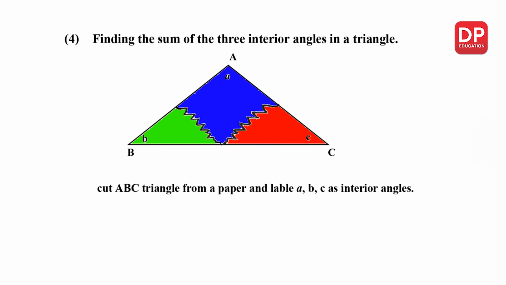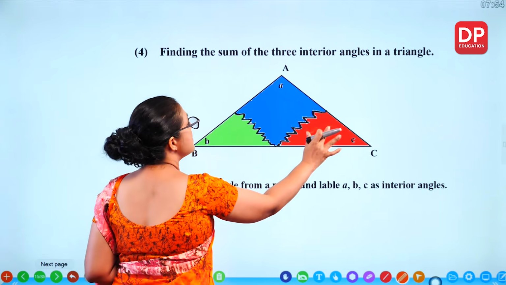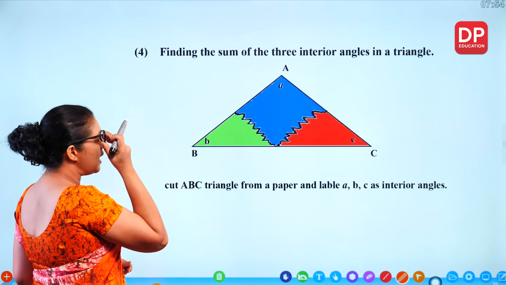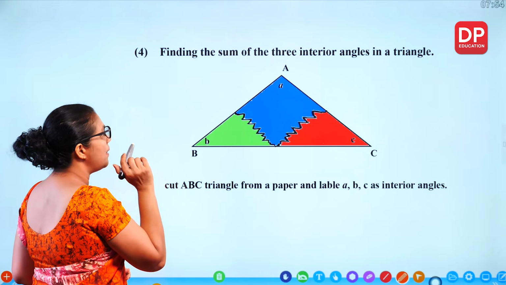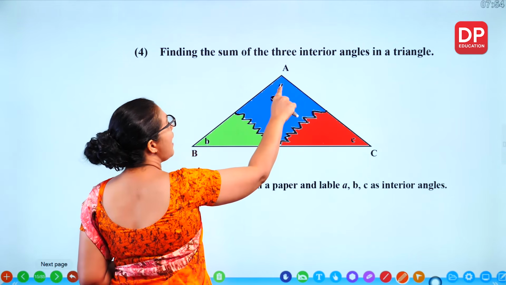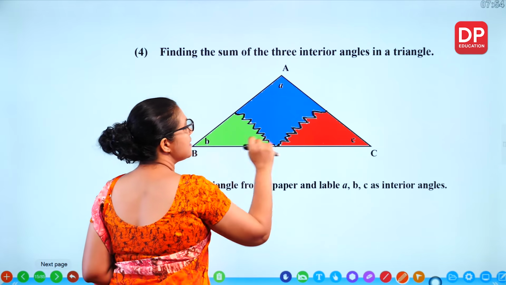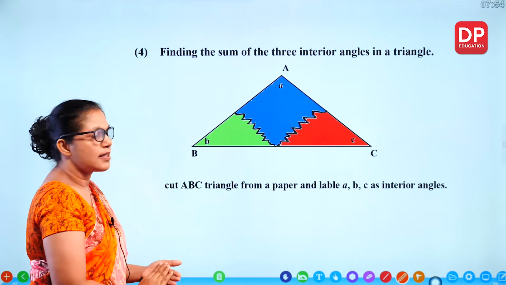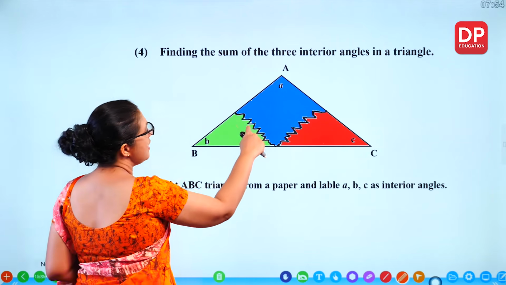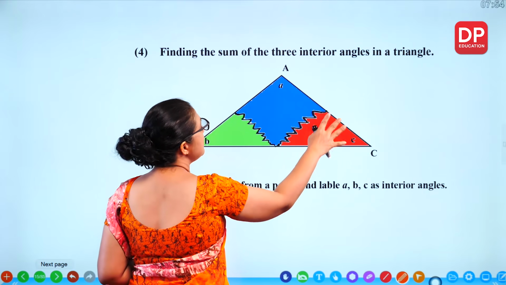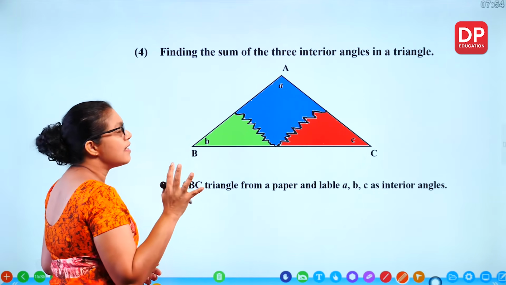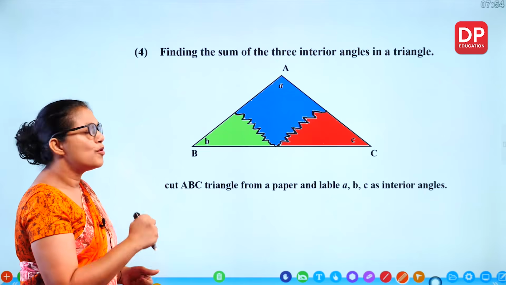Finding the sum of the three interior angles in a triangle. We can do an activity. This is triangle ABC. First, label the angles, and you can cut all these three interior angles and we'll see what is the sum of those angles.